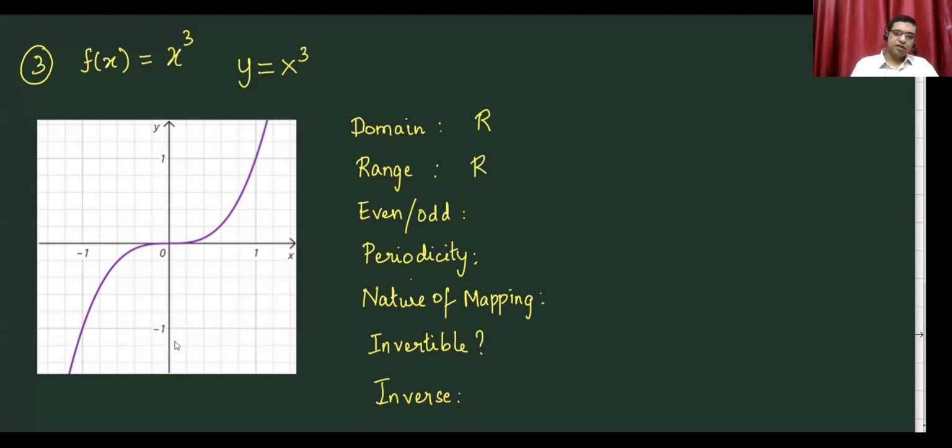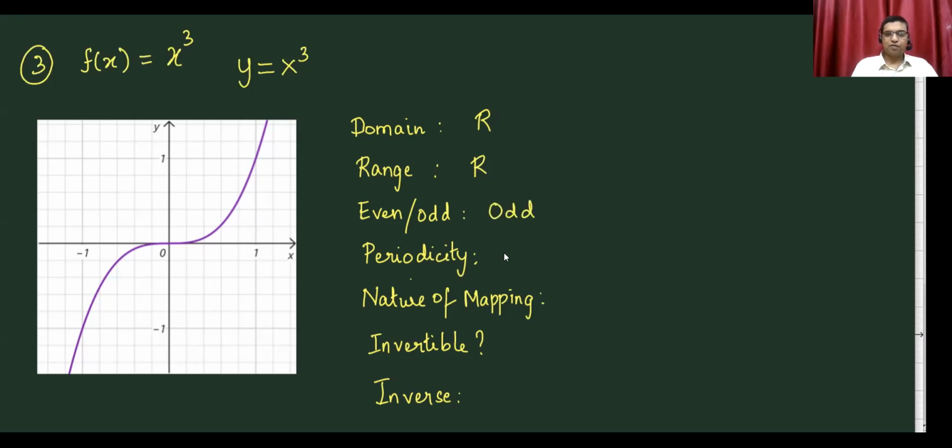Because throughout there is no value of x for which f of x is not defined. So domain is R. And there is no value which f of x does not take. F of x takes all values from minus infinity to infinity. So range is R. Now is it an even or an odd function? Odd function.